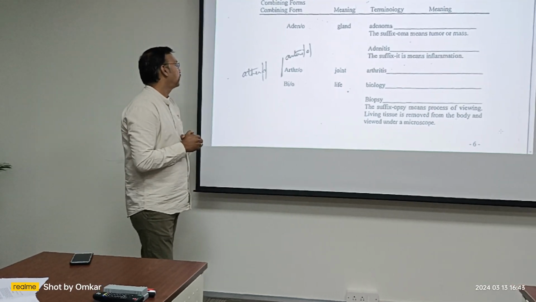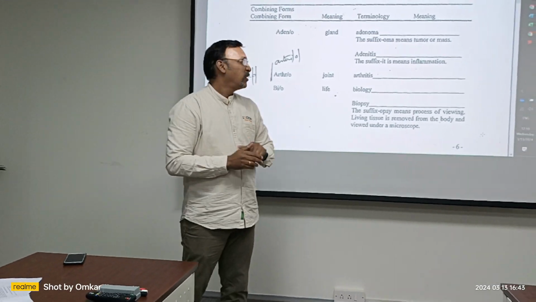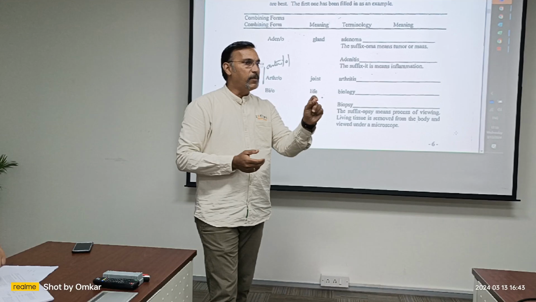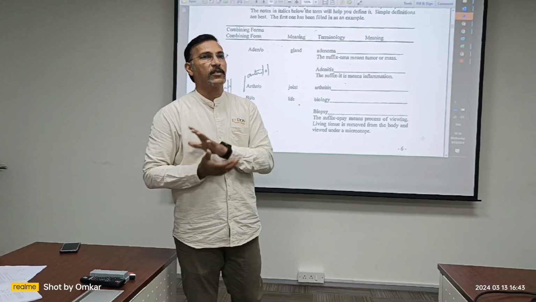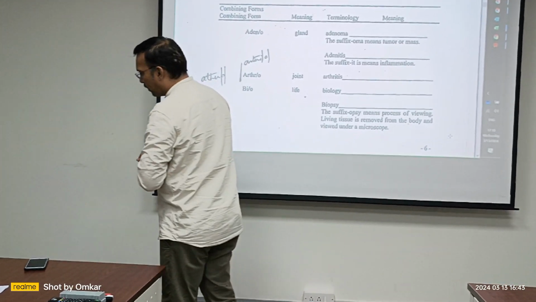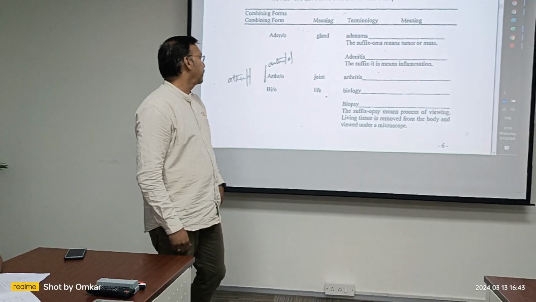Arthritis. The meaning is? Fantastic, very good. Inflammation of joint is arthritis. Now did you understand? I'm suffering from arthritis. Usually old age people will be having this arthritis, right? So you got it.